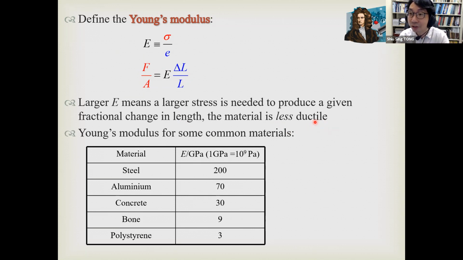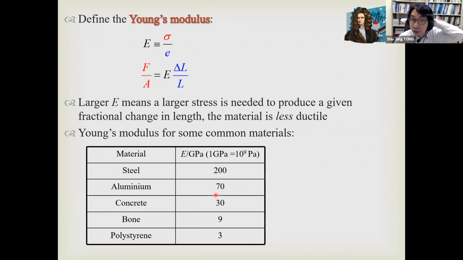If the material is easily extended by the stretching force, the material is very ductile. But a larger E means the material is less ductile. You need a large stress to produce a small change in length. So a large E means a less ductile material.